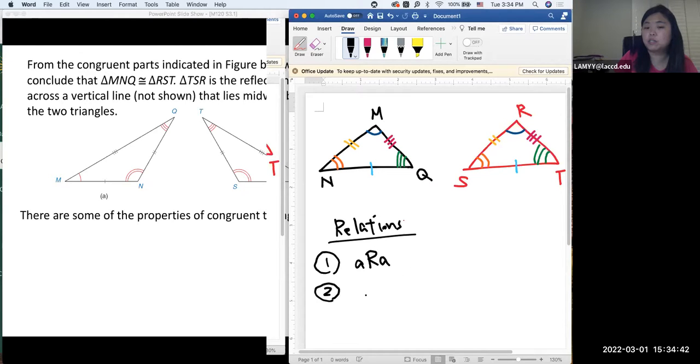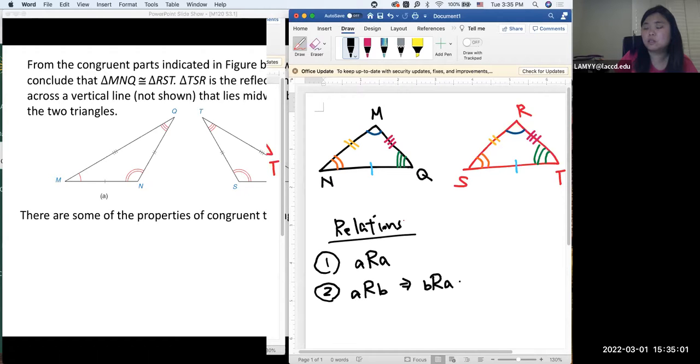Number two, what is it? A R B, and then B R A, remember that? Reflexive.